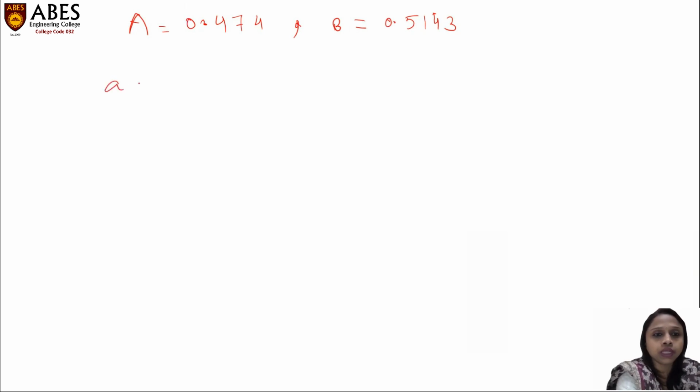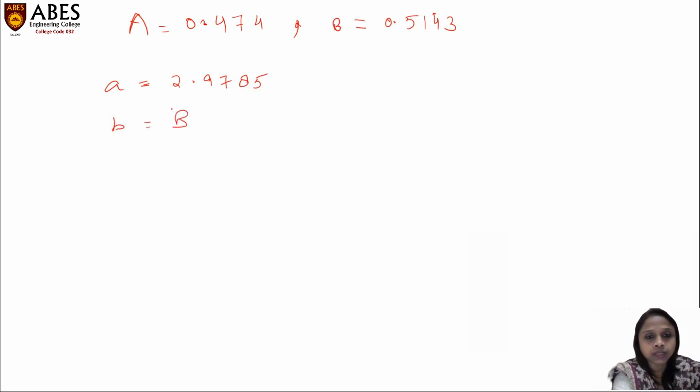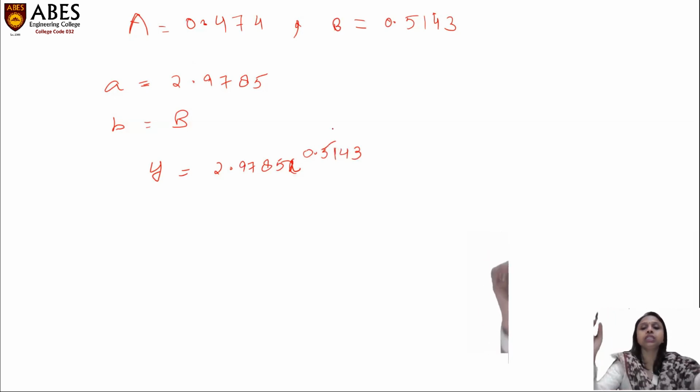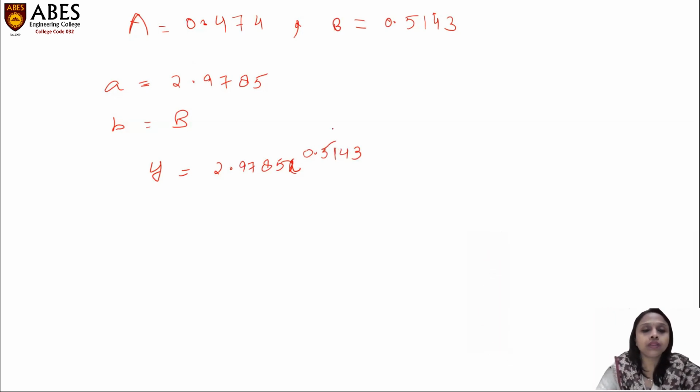So small a will take the value antilog of this, which is 2.9785, and b will take as it is of capital B. So my curve will be 2.9785 into x to the power b, that is 0.5143. This is how we can fit the data in x to the power b.